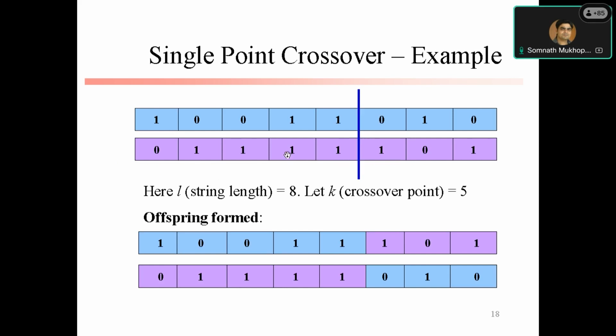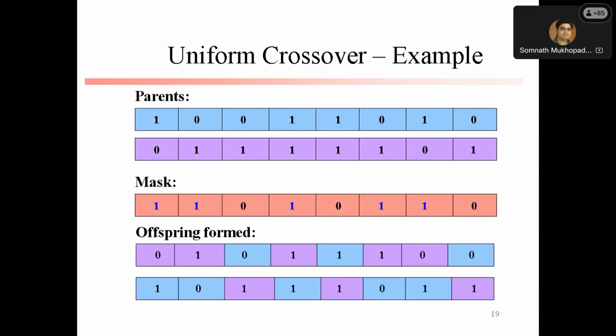This operation is probabilistic, which means crossover does not always happen, but it has a higher probability of happening. This is a single point crossover example: there are two different parents, one point is randomly selected, and from there their information is exchanged. This way the algorithm generates child chromosomes from the parent chromosomes.